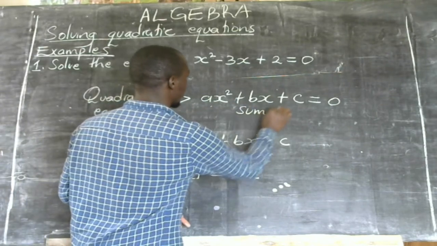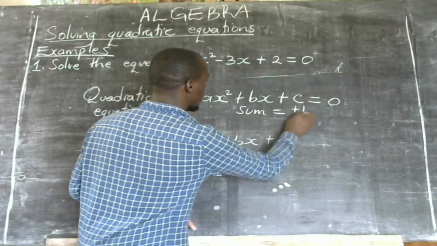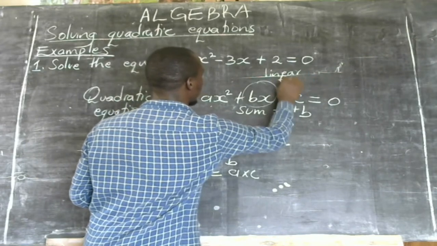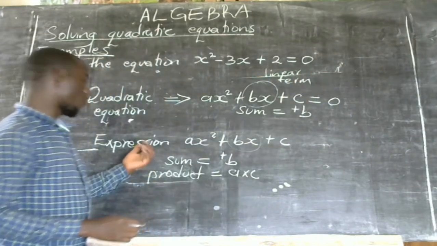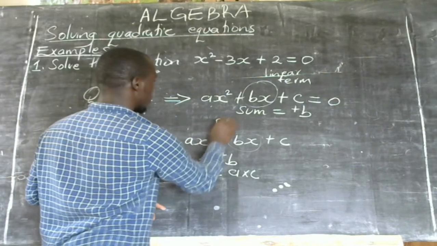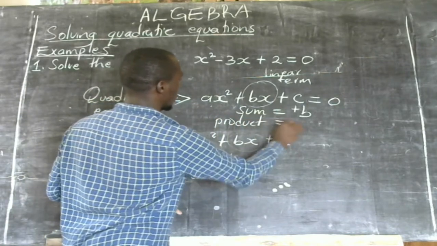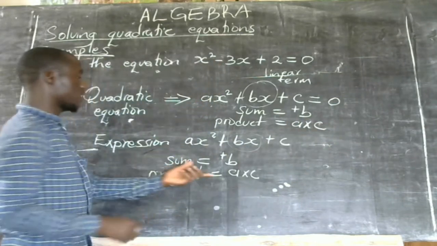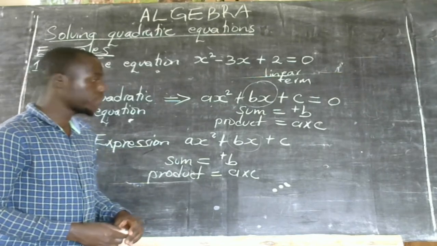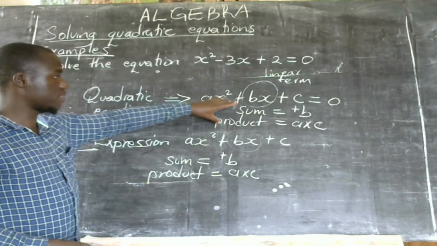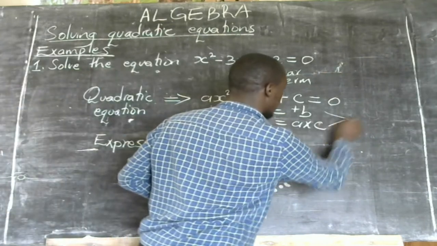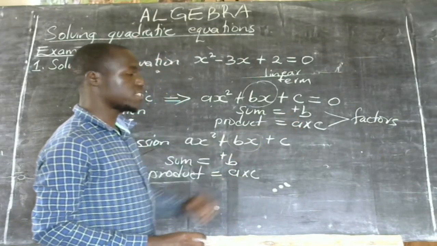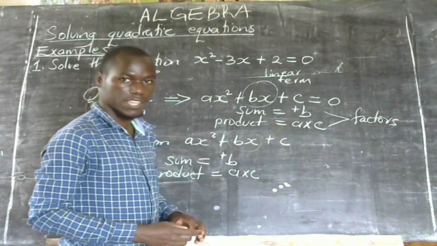So even here we need the sum, that is positive b. Also we are going to get it from the linear term, just like the quadratic expression. We shall also need the product, which is the same as a times c, just like the quadratic expression. So when we identify the sum and the product, we shall get the factors which give us a sum of that and the product of a times c.